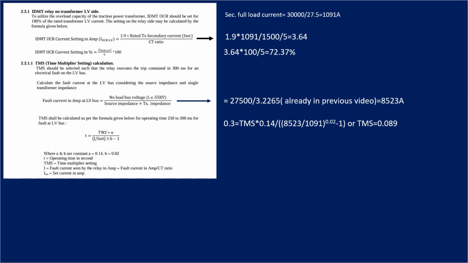You convert it to the relay side, it is coming around 3.64, and this 3.64 is how much of the full load current of the relay, 5 ampere? It is 72.3%. And we have calculated the TMS on the same system, but here the time taken is 300 millisecond. 300 millisecond means 0.3, so TMS is coming around 0.089.